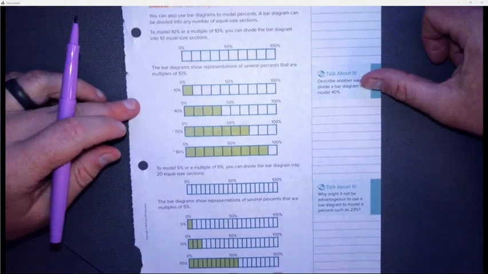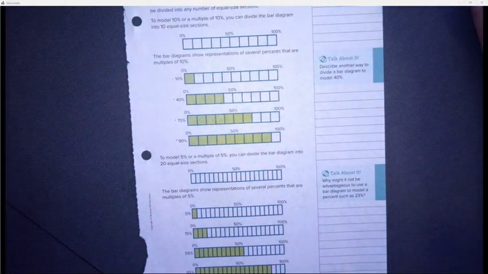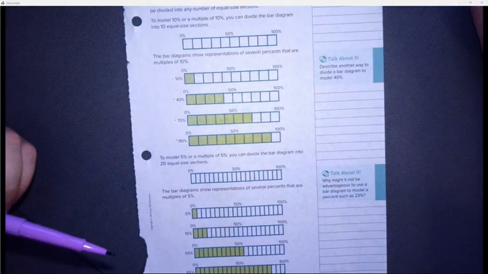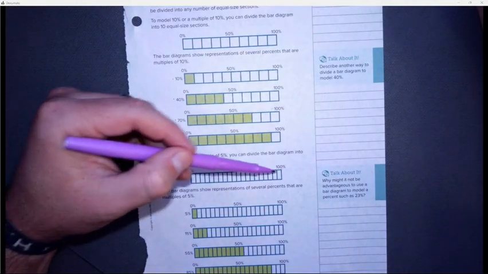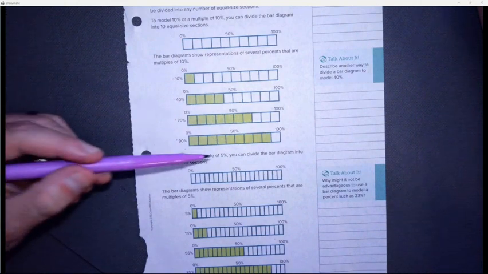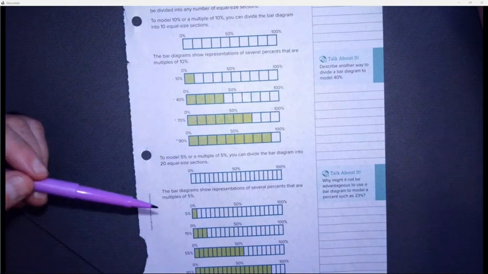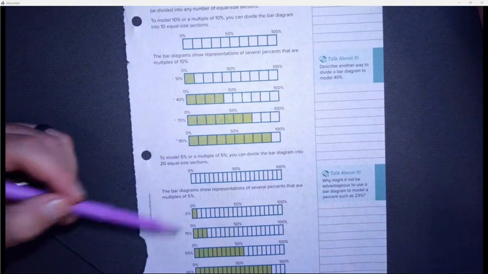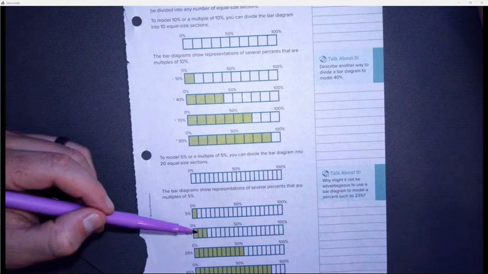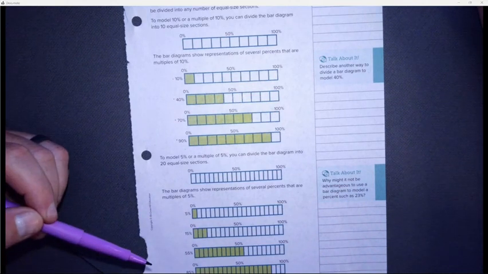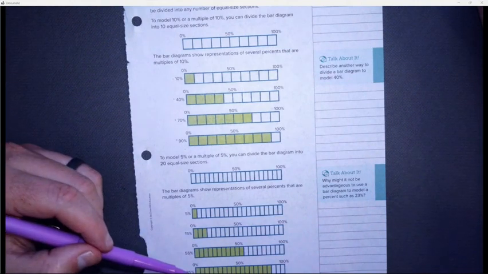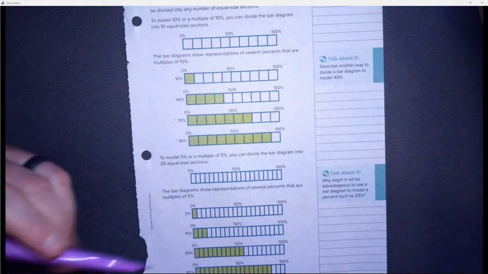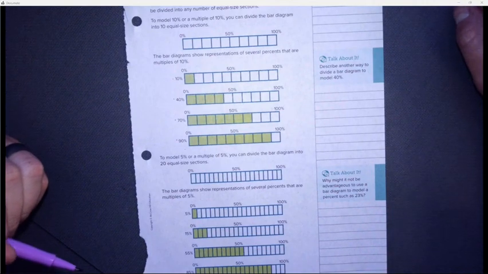If I have a percent that I want to represent that's a multiple of 5, 100 divided by 5 is 20, so I need 20 sections. Each one's going to represent 5%. In this case, 1 is 5%, 3 is 15%, 11 would be 55%, and 17 would be 85%.